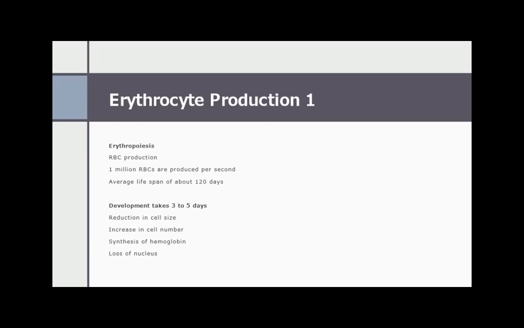When they form, they actually have to reduce in size. Okay, so they kind of blow up and then they deflate a little bit. And that's related to that synthesis of that hemoglobin. Okay. And then as well, they also have to increase in number. Everybody see that?